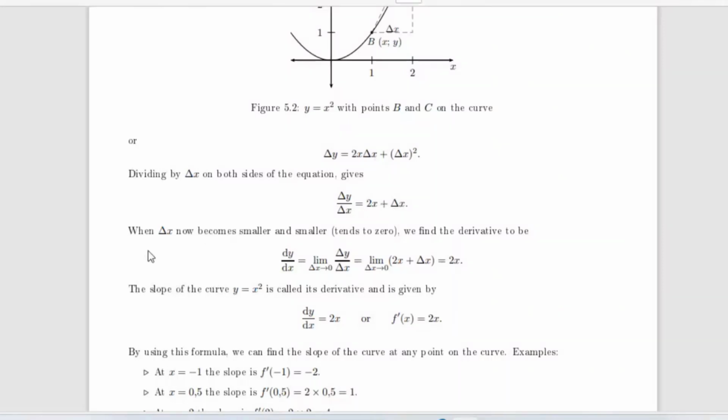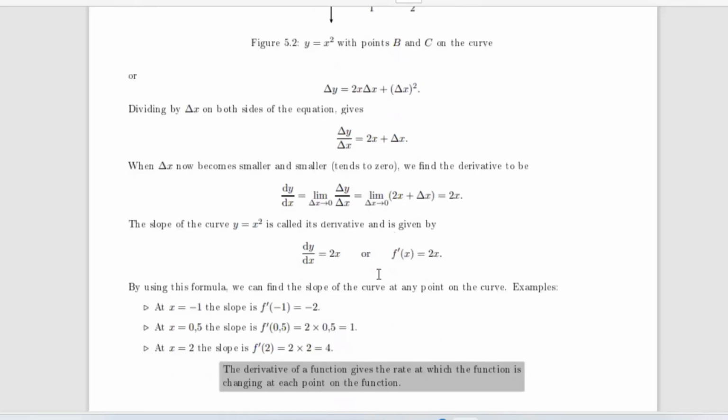Now they say when change in x becomes smaller and smaller, meaning it tends to 0, we find the derivative to be change in y over change in x, which is equal to the limit of change in y over change in x as change in x approaches 0, which is equal to the limit of 2x plus change in x as change in x approaches 0.